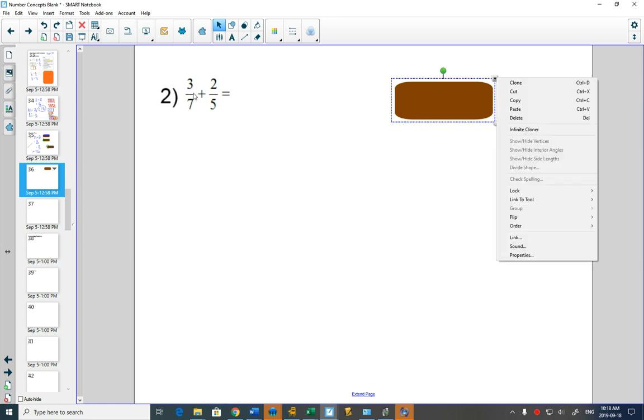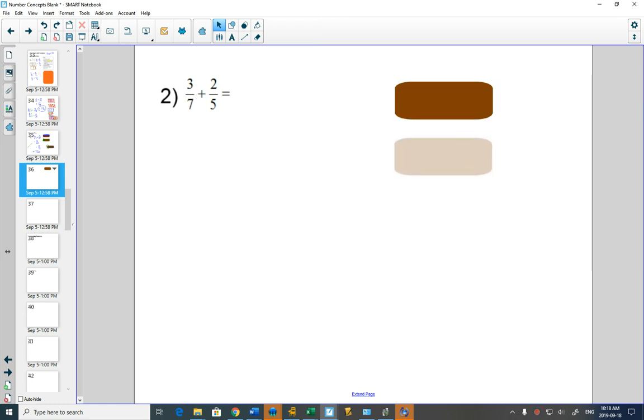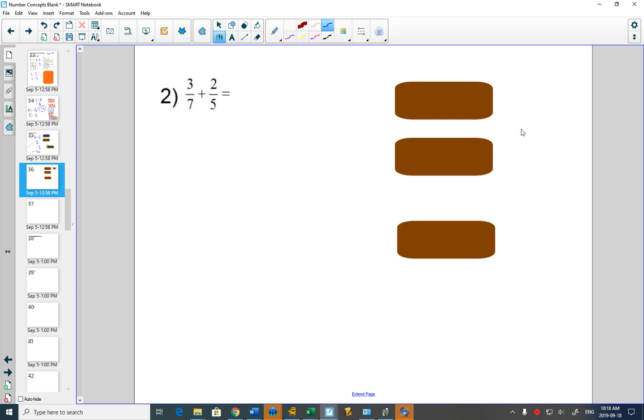Chocolate bar number 1, chocolate bar number 2, chocolate bar together. In one chocolate bar, we're going to break it into 7ths. So we do our best to make 7 equal pieces.